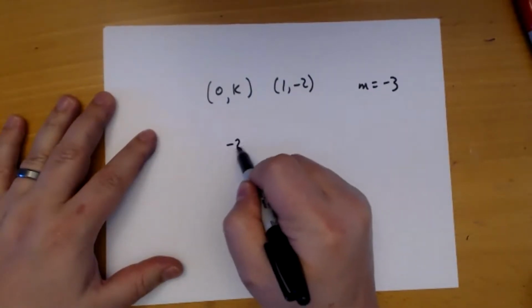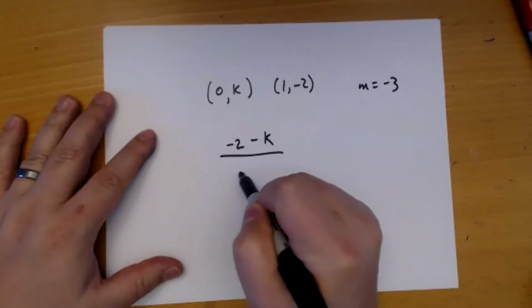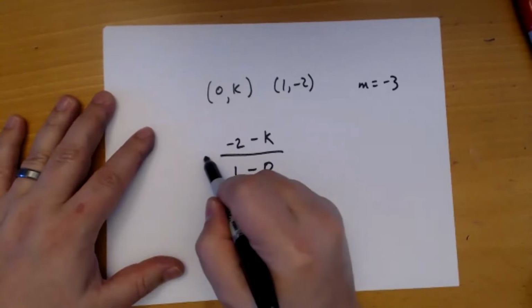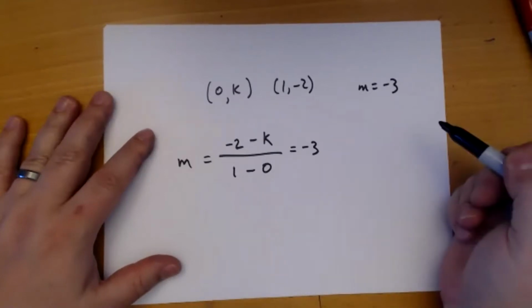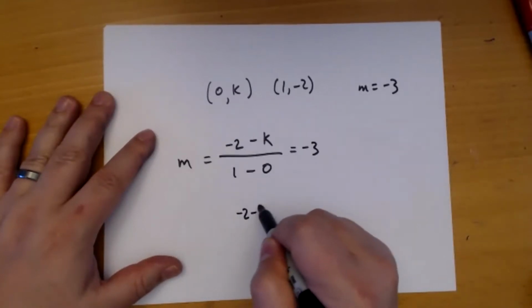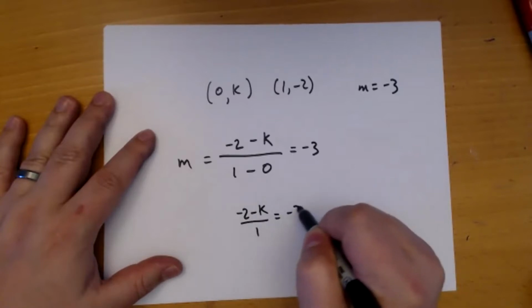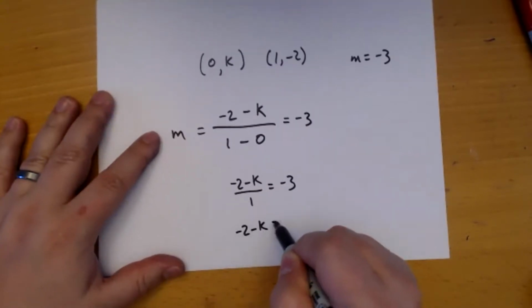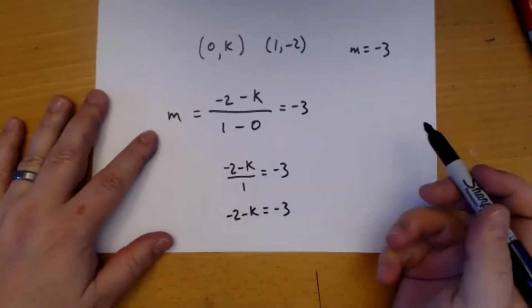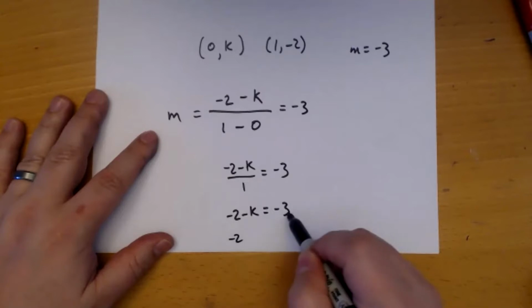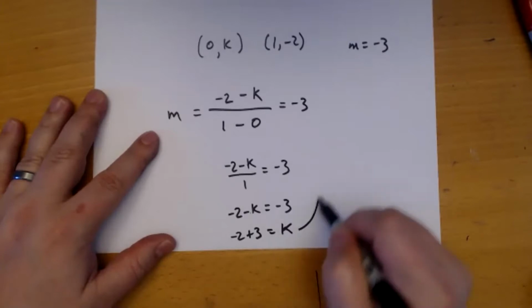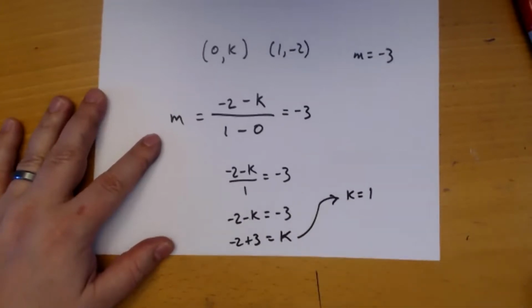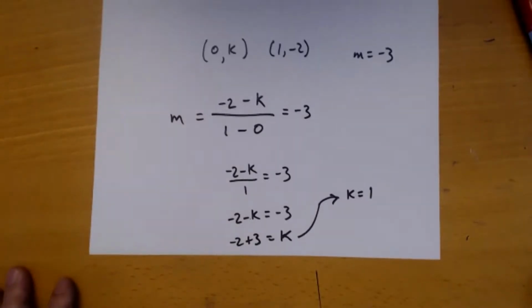So -2 minus k over 1 minus 0. That's the slope formula, right? Yes. And then that's equal to -3. So -2 minus k all over 1. -2 minus k is equal to -3. And then you solve for k. So I'm going to bring the 3 over, make it positive. Bring the k over, make it positive. K is equal to 1. Okay, I got it. Thank you. Sure.